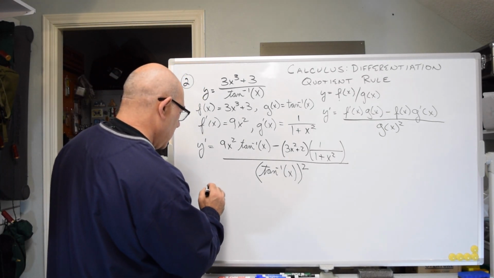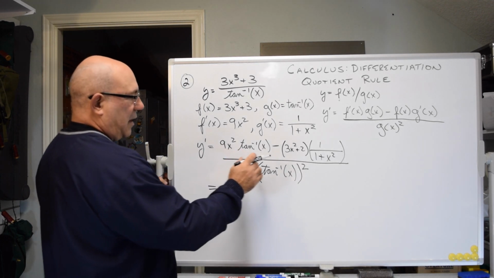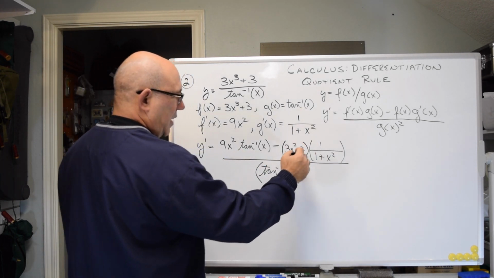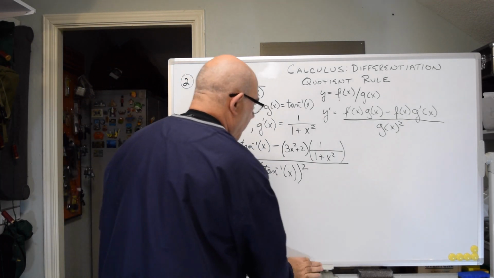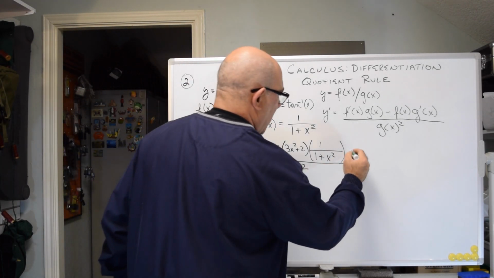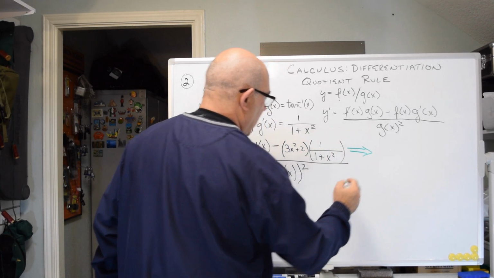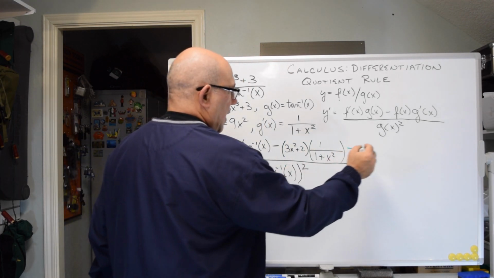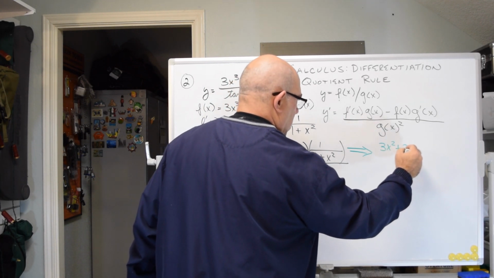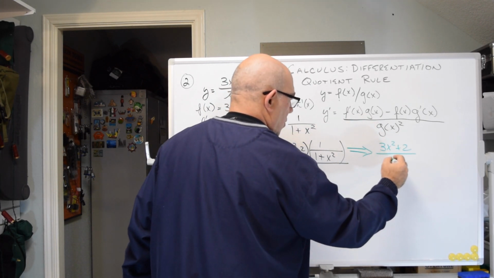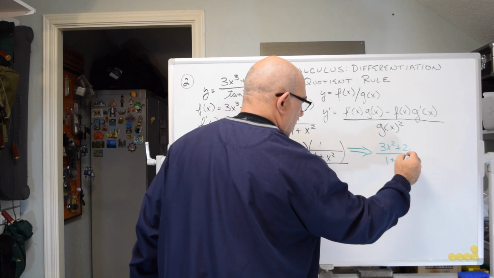I think we'll simplify this piece first. Let's extract that out in a different color to save us some board space. So this simplifies down to 3x squared plus 2 all over 1 plus x squared.